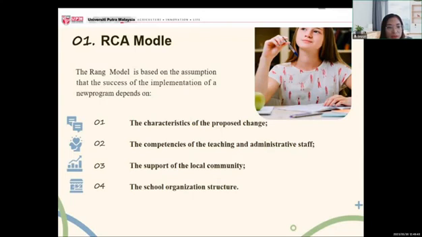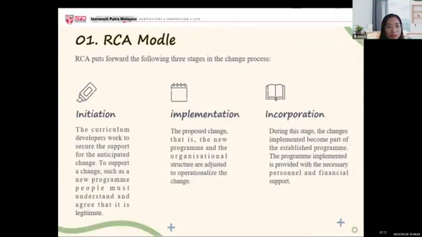The RCA model suggests that organizational dynamics seem to be the chief barriers to change. It puts forward the following 3 stages in the change process.